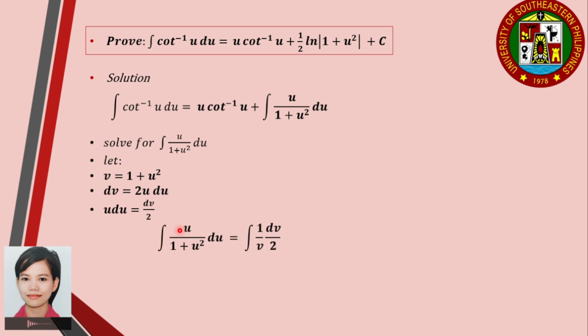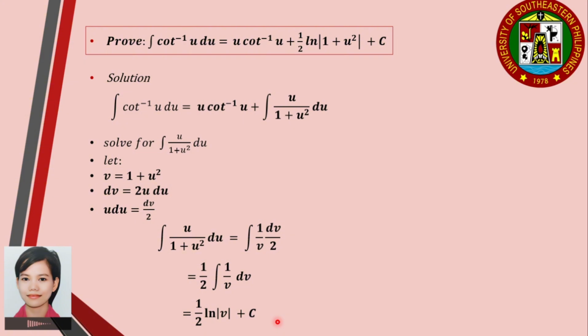The integral of u all over 1 plus u squared du equals to the integral of 1 over v, which is the substituted v multiplied to the du, which is equal to dv over 2. So we can factor out the constant, which is the 1/2. So we can rewrite it in 1/2 the integral of 1 over v dv. So the integral of 1 over v is simply the ln v. So 1/2 ln v plus c.